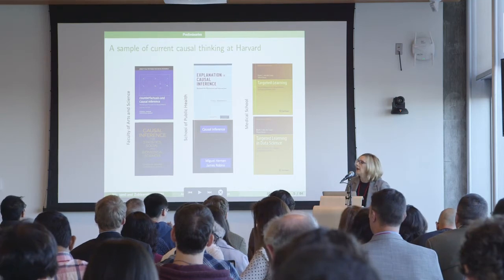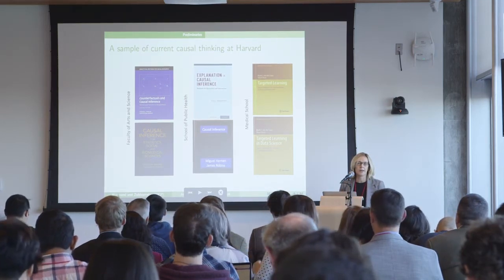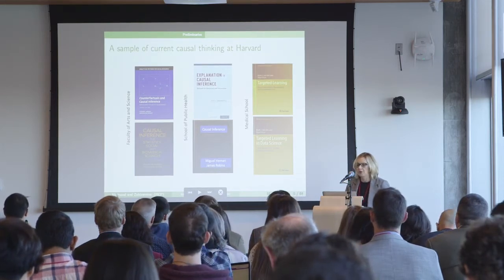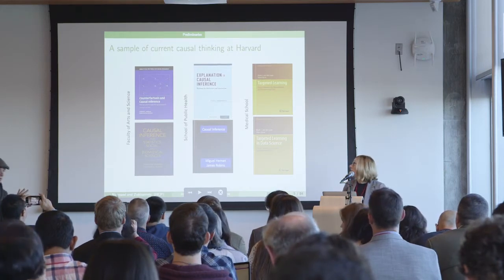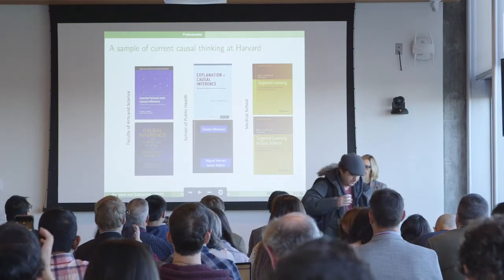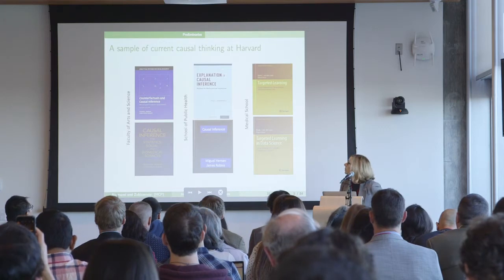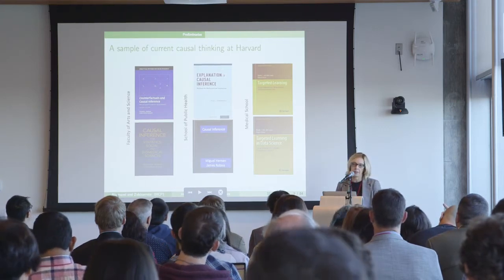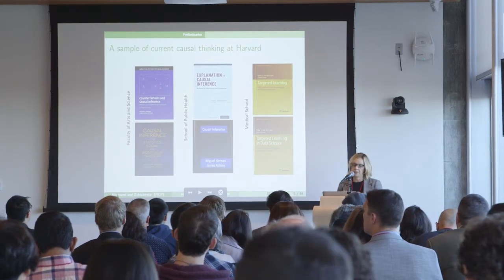I also wanted to highlight some of the work that has been accomplished by Harvard faculty. So I've produced just a sample of books. The faculty come from the various schools: the Faculty of Arts and Sciences, the School of Public Health, and the medical school. You may not be able to read this exactly, but all of these books are about causal inference, from different perspectives.